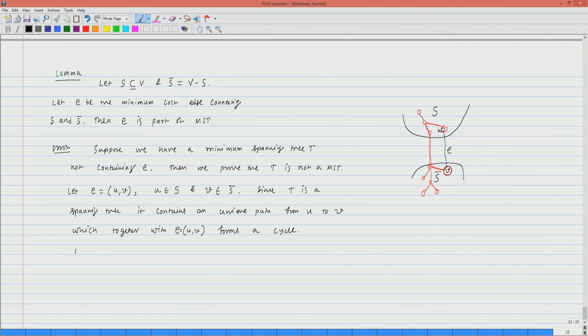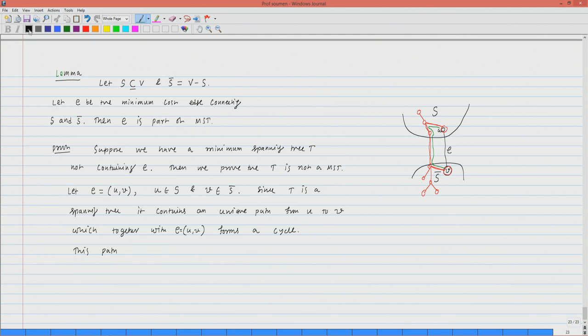So, I am talking about the path from u to v, the unique path from u to v in the spanning tree T, this green path.